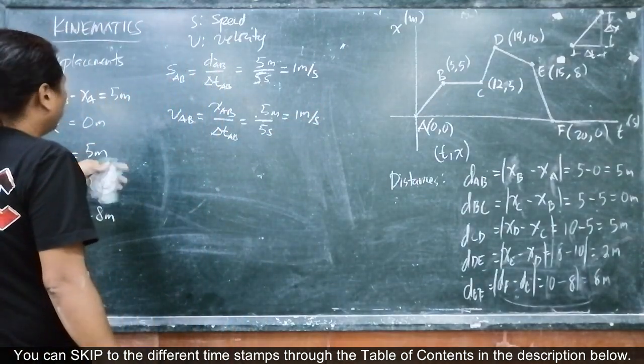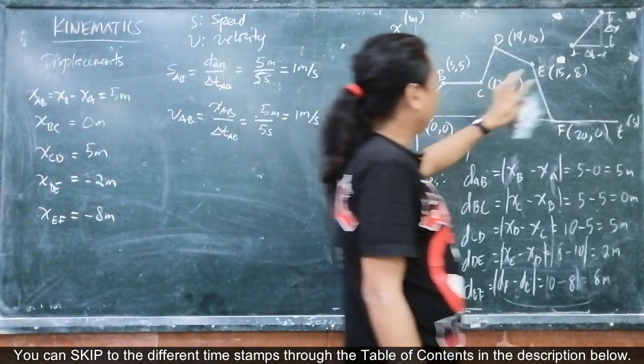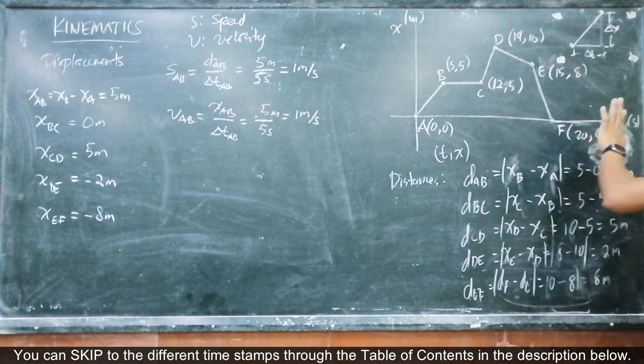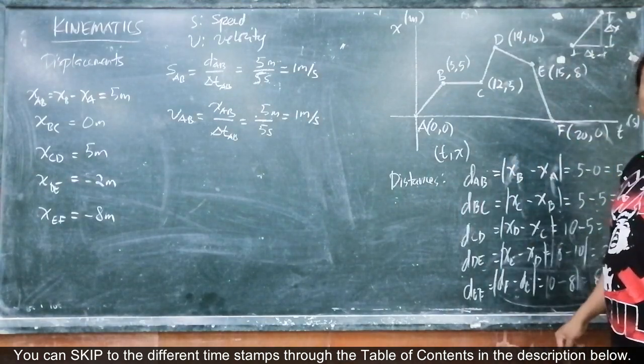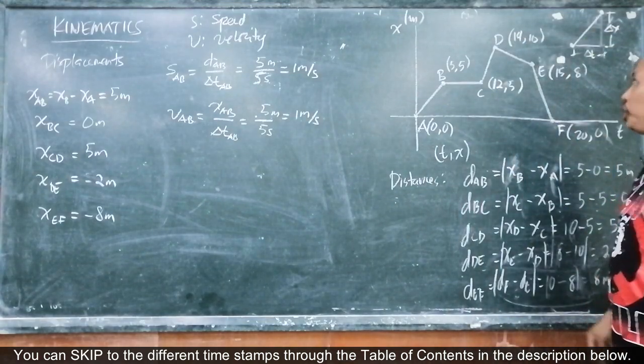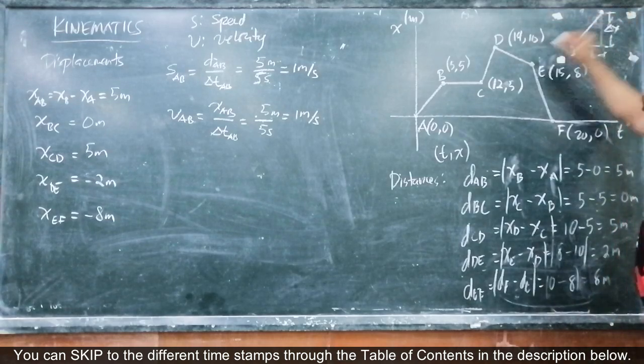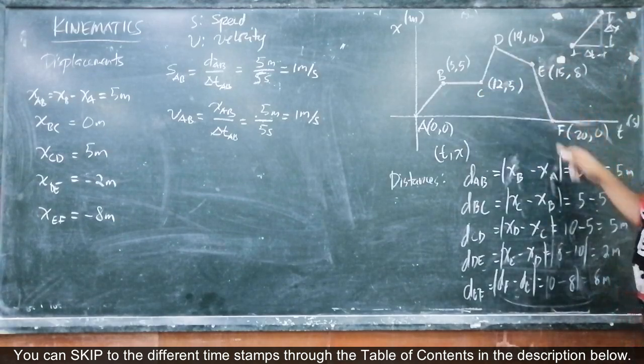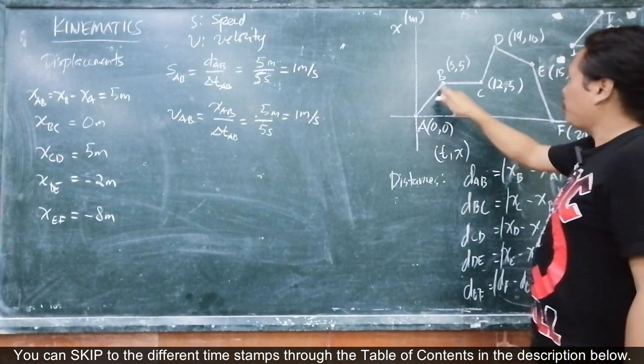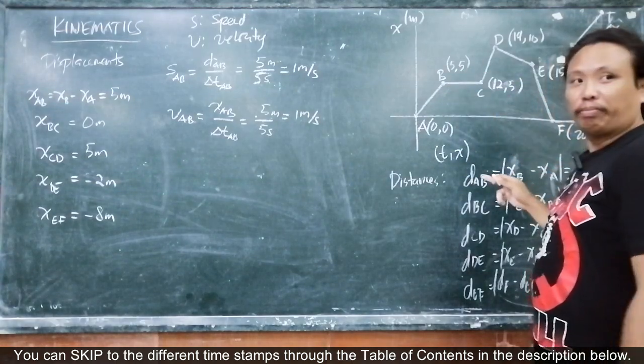We call these terminal points, no? Let's call these points terminal points A, B, C, D.